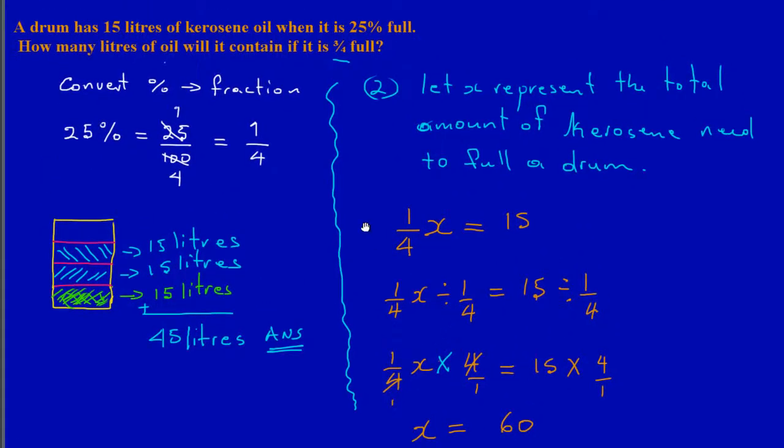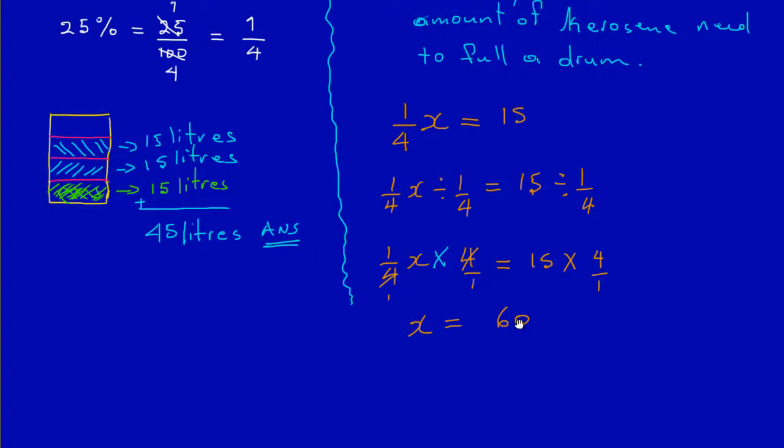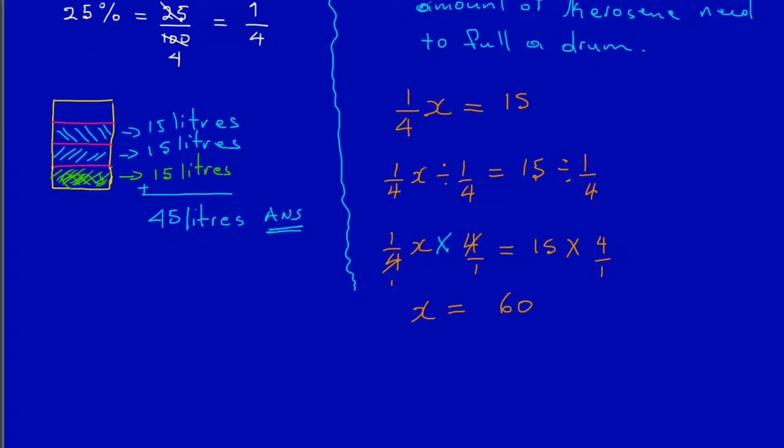As the question had stated, it was asking rather, how many liters of oil will it contain if it is 3/4 full? So what we need to do now, we would have to find 3/4 of 60. So therefore, we could make a statement. Therefore, when it is 3/4 full, that would be equal to 3/4 times 60.